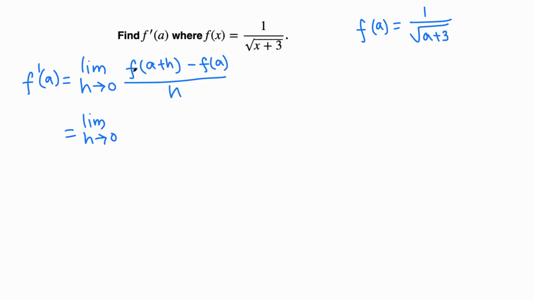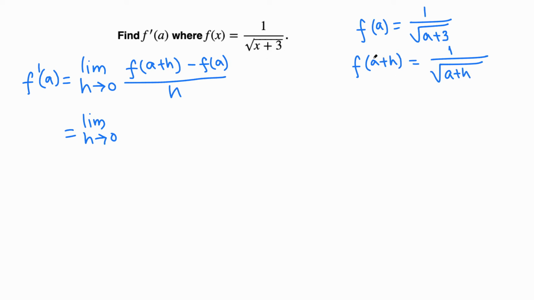And how about f of a plus h? So when we have x, we got x here, that's input. Now our input is a plus h. So we just replace x by a plus h. So this one is 1 over square root of a plus h plus 3.